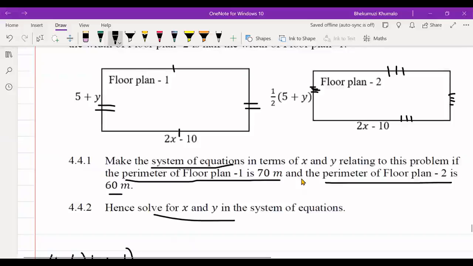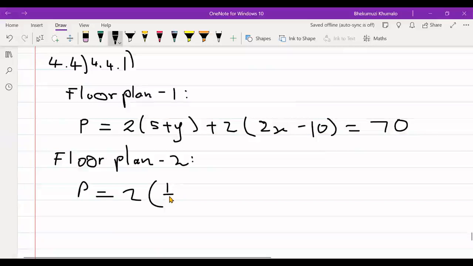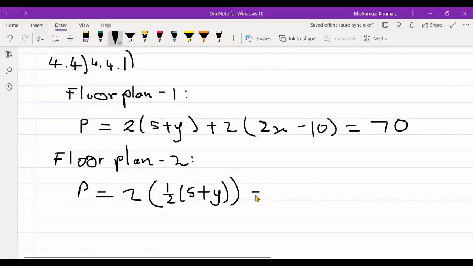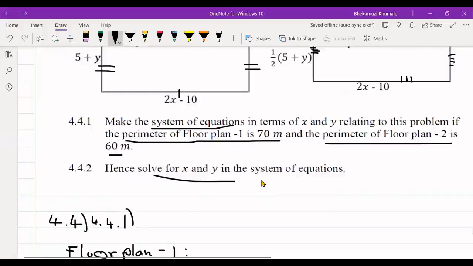So this is half of 5 plus y like that. And then we have plus 2 of 2x minus 10. And that's all equal to 60. Okay, so basically that's it.